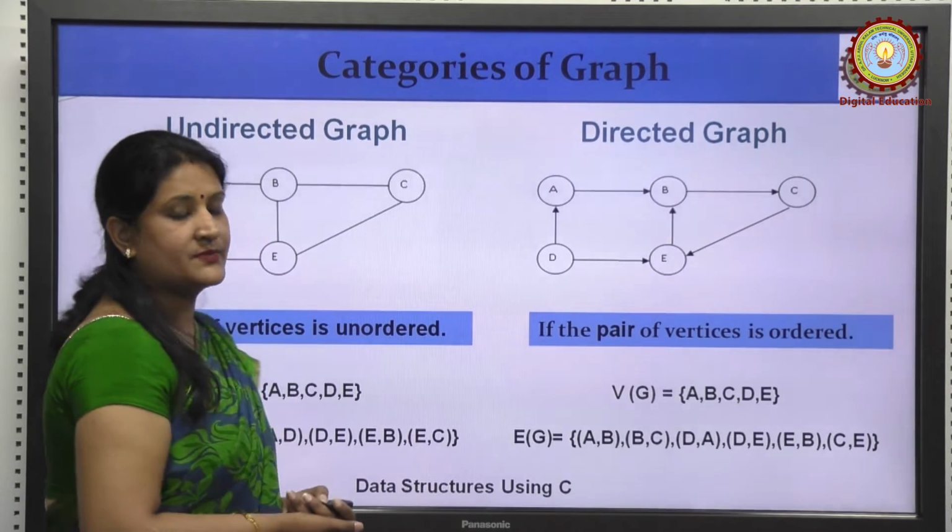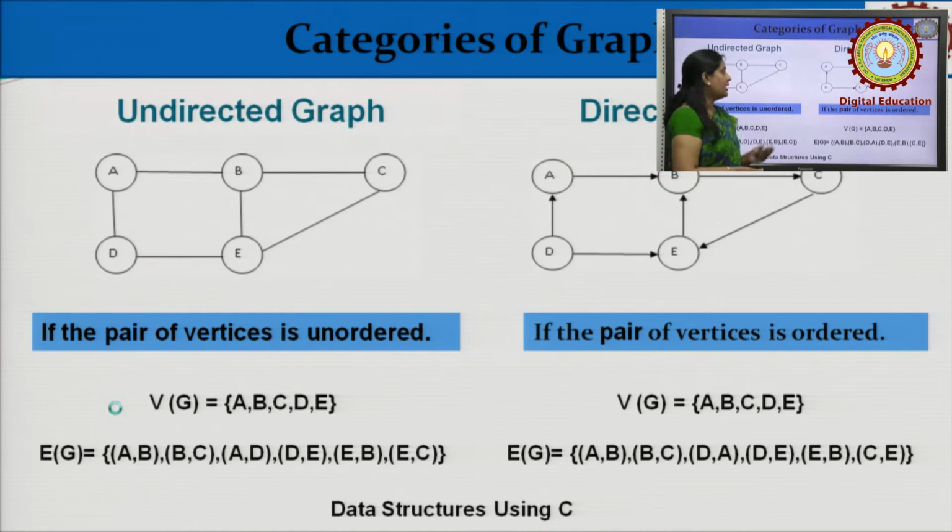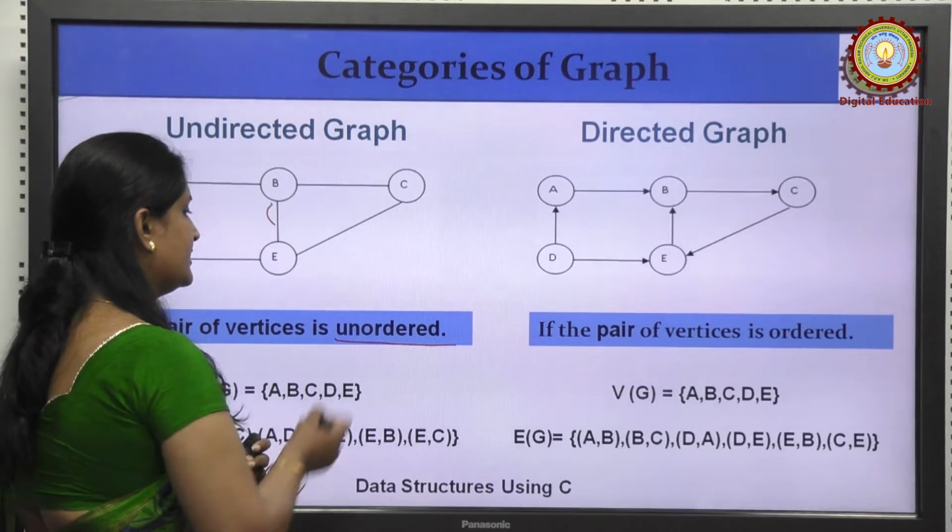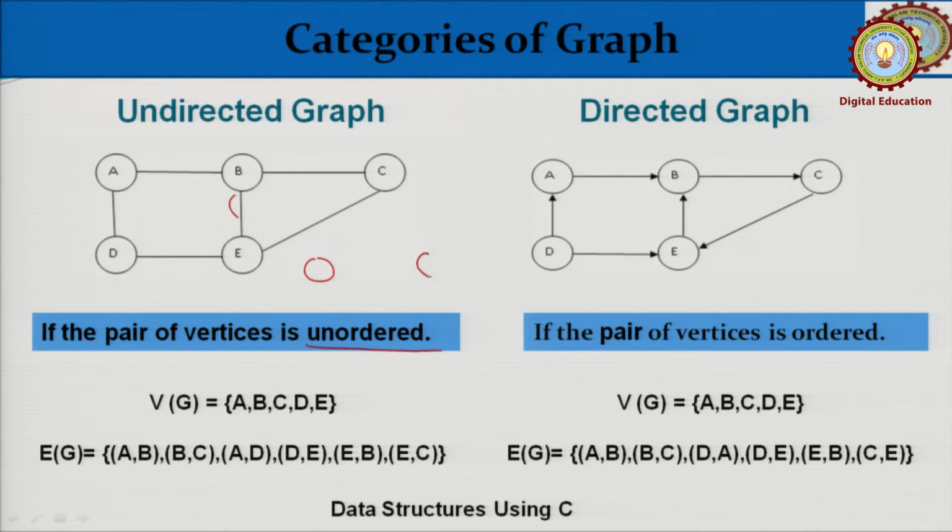There are two categories of graph, undirected graph and directed graph. If all the pairs of vertices are unordered, then the graph is called an undirected graph. That means if there is an edge between vertex V1 and V2, then it can be represented as V1 comma V2 or V2 comma V1.